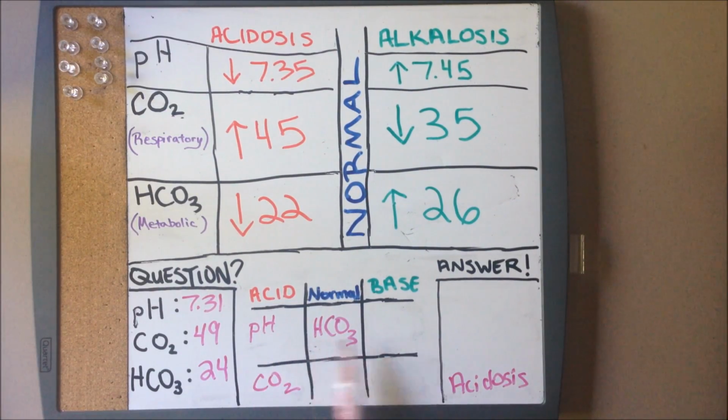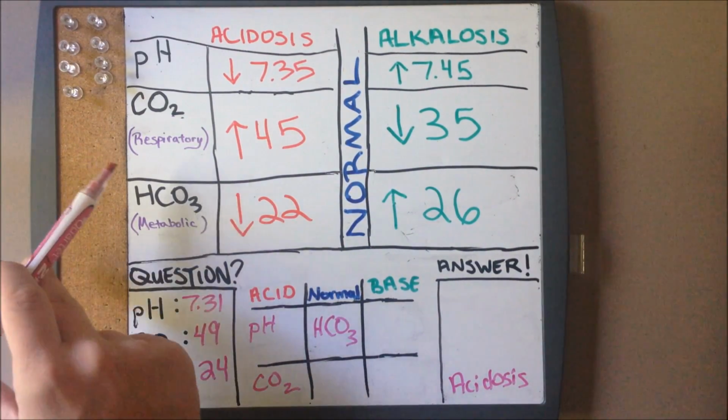Now, we have all of our information necessary to answer the ABG question. Here's how you do it. Basically, whatever falls in the same column as the pH tells you what the cause of the acidosis is. So, for example, the pH is underneath the acid column, so we know we have acidosis. The CO2 is also under the acid column with pH.